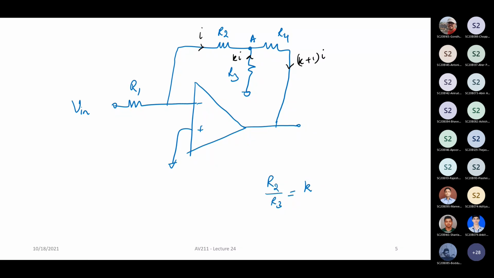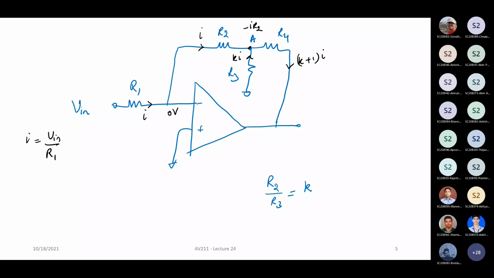Okay, simple. So for example, let us say you have this I flowing in through the input, right? This I is nothing but V in divided by R1. That is the current that is flowing from the input, and the same current flows through R2. And because of virtual ground, this is at 0 volt, and because only this current I flows through R2, the node voltage here is I times R2.